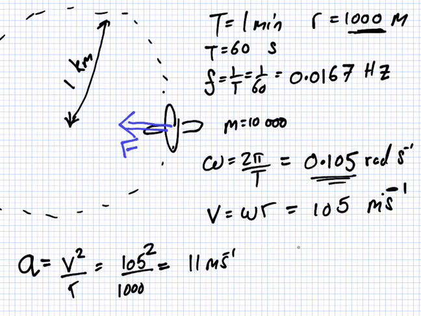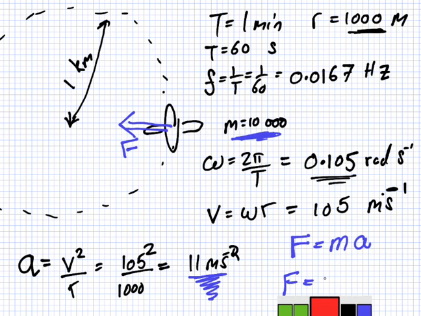So you're nearly finished. You can say F equals ma. Here is the a, and here is my m, 10,000. So it would be 11 with 4 zeros.